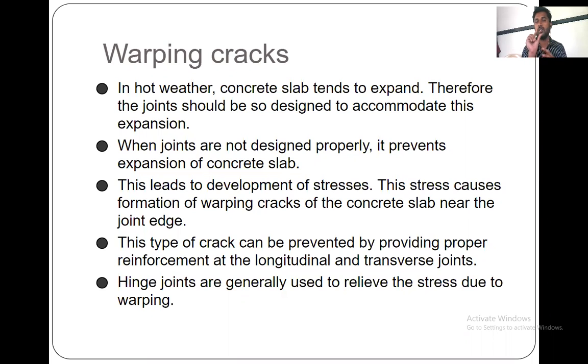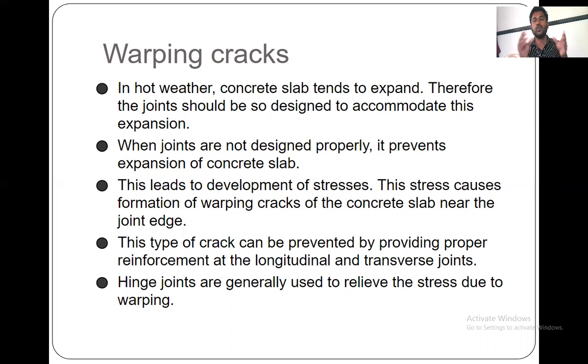So we have to design the joints such that whatever expansion there is, it is accommodated in that joint, so that stresses will not develop there. When the joints are not designed properly, they prevent the expansion of the concrete slab. If the joints are not designed properly, what will happen?